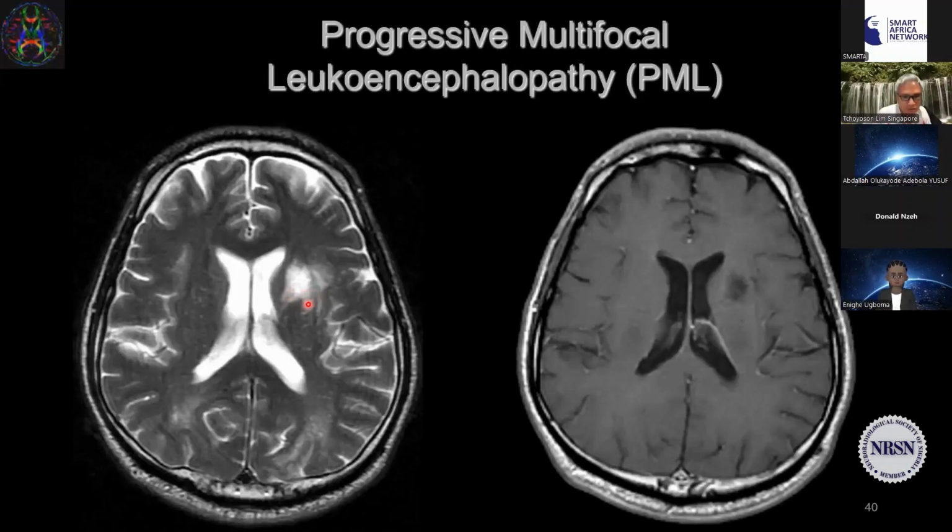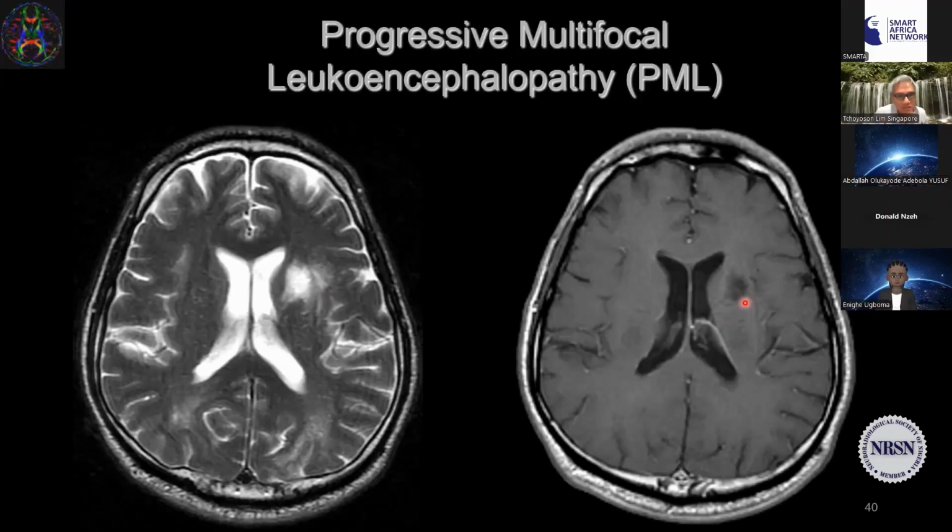The demyelination is caused by the JC virus, not the HIV virus, and it's typically focal and doesn't occupy space, and typically doesn't have contrast enhancement after injection. So PML and HAND typically affect the white matter, and unlike an opportunistic infection, PML doesn't get contrast enhanced and doesn't occupy space.